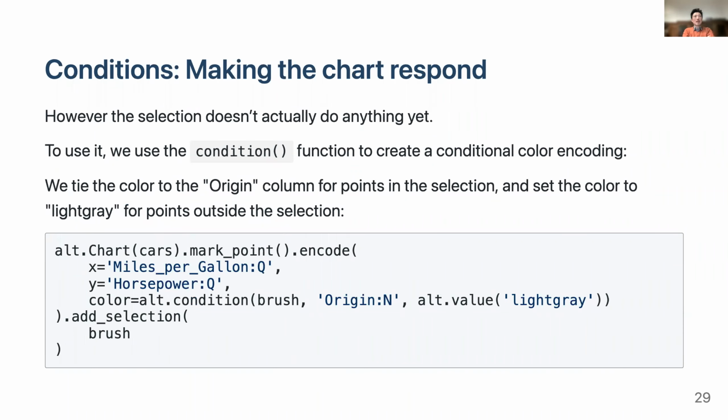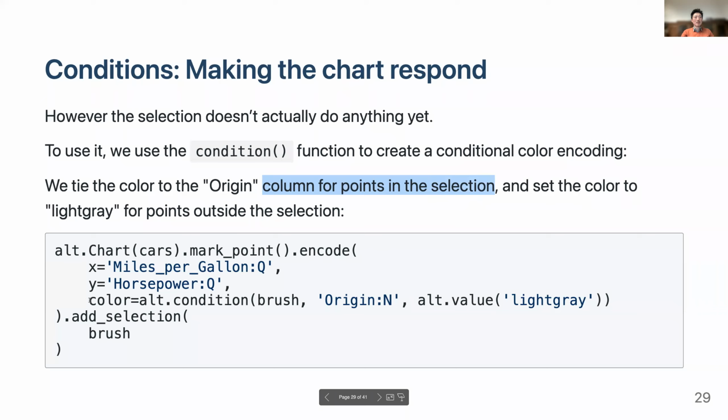Okay, now after the selection, we're going to use a condition to make the chart change based on the selection. So in this case, we're going to need to use the condition function. We're going to tie the color to the origin column for the points in the selection.